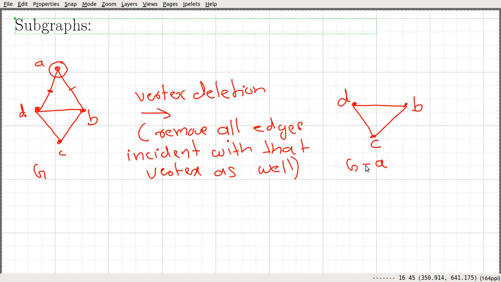Usually it is denoted like this, G minus A. Minus means subtract that particular vertex from the graph. We can extend this idea to a set of vertices as well.